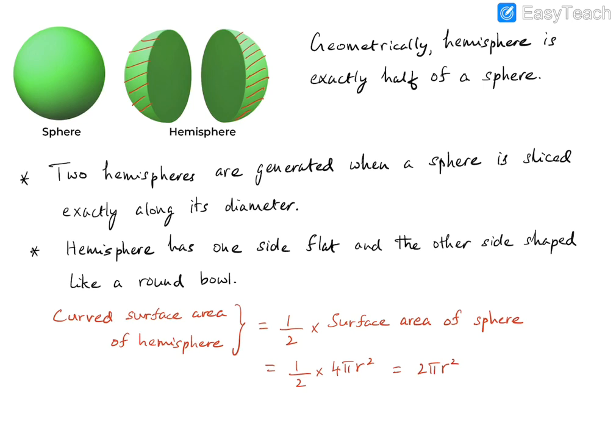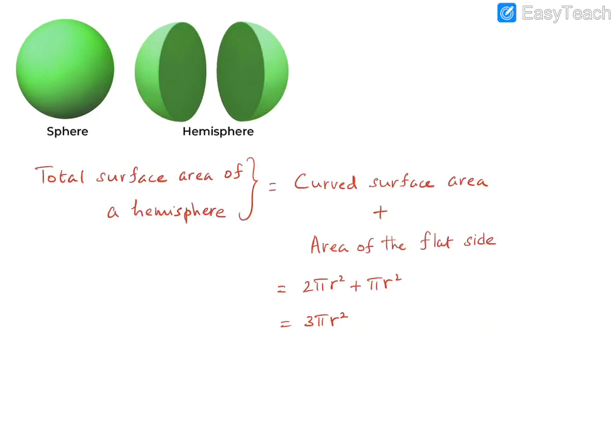Next, we can calculate the total surface area, which will be the curved surface area plus the area of the flat side. So the total surface area is the curved surface area, which is 2 pi r square, plus the area of the flat side. The area of the flat side is this part over here.